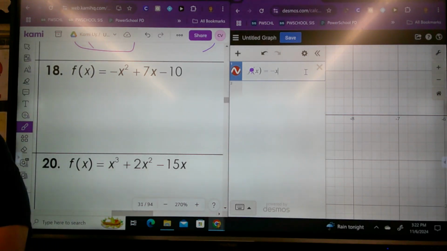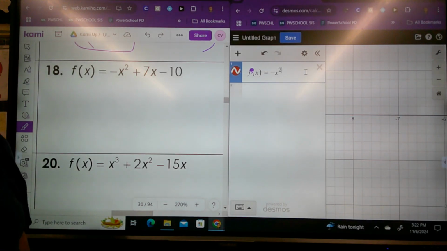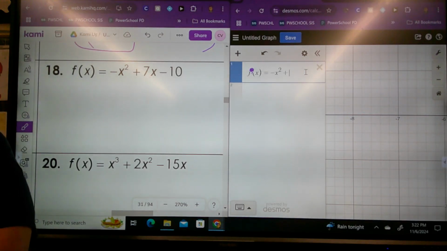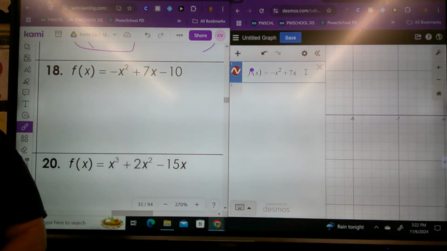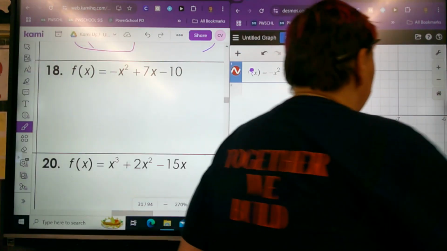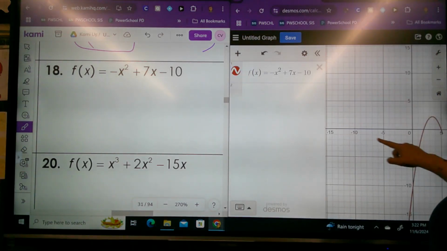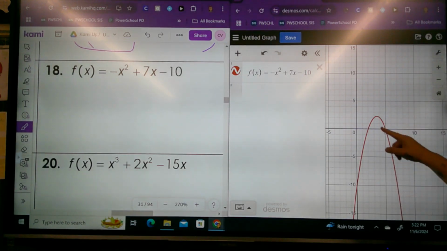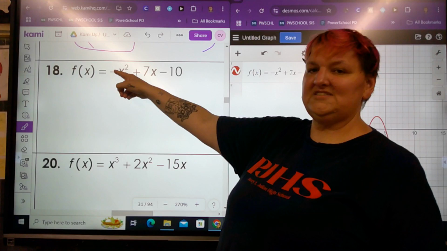Negative x squared plus 7x minus 10. I can't even see it. Oh, there it is. Oh, the x squared is negative. That's interesting. At the very front of the equation, it's negative.